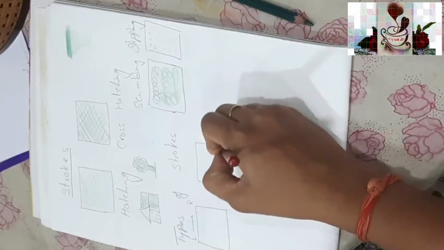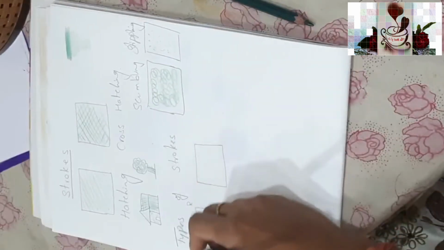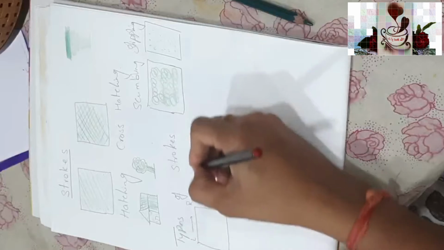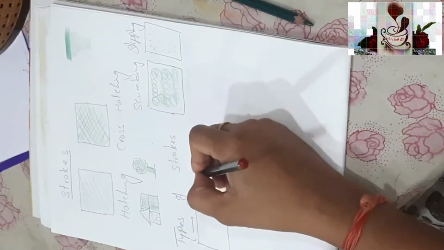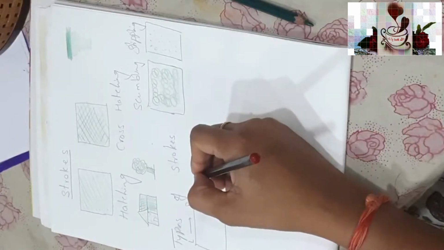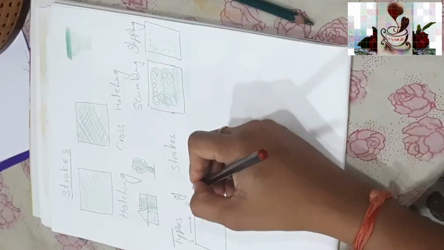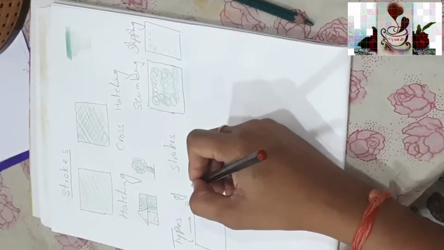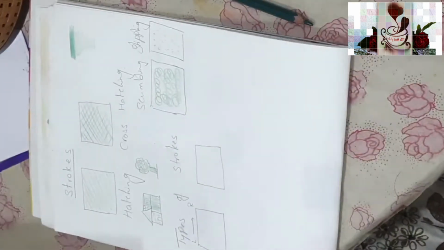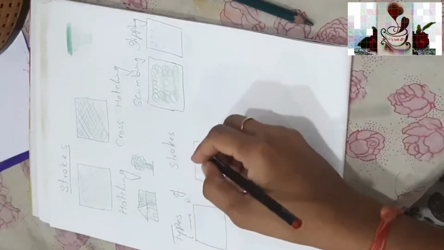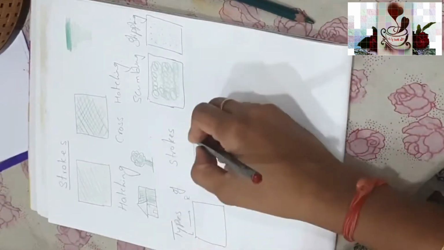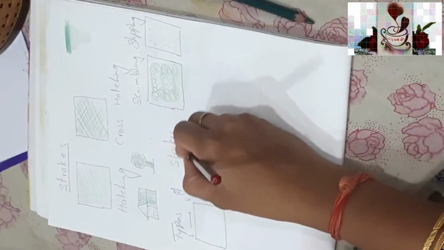In the last class I already told you that to give a lighter shade you use less pressure on your pencil, and for a darker shade you put a little more pressure. So that is the thing. And so, left to right.